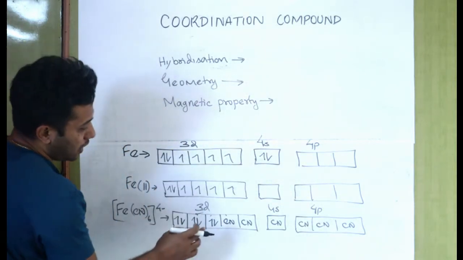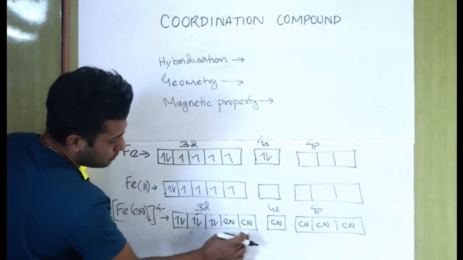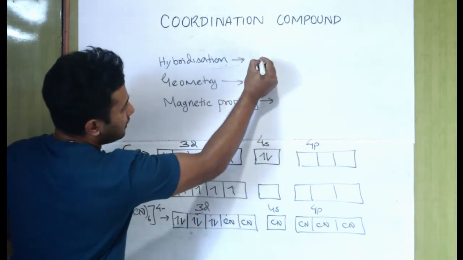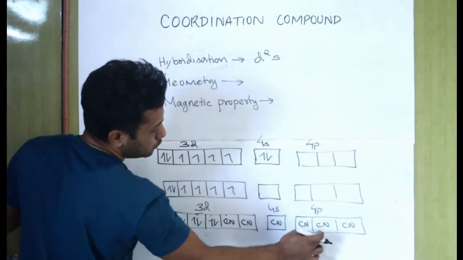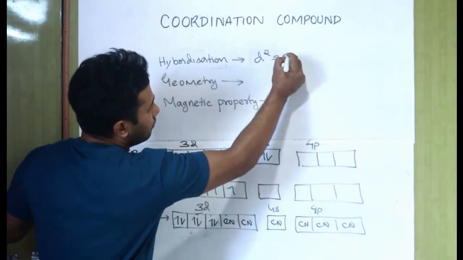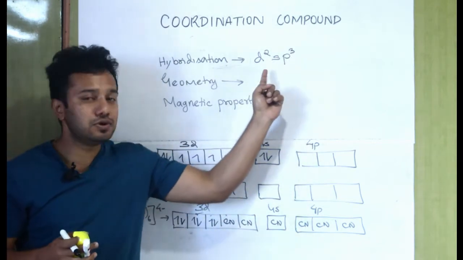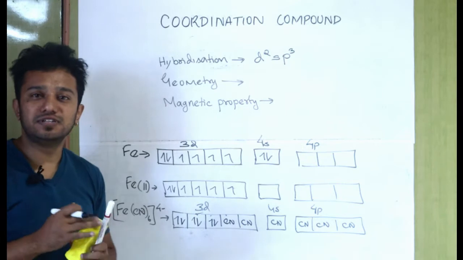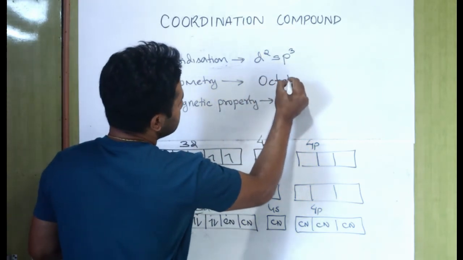So out here, 2 cyanides, they enter the d orbital, right? So I can write d2, 1 s, and 1, 2, 3, it is from p, so p3. The hybridization will be d2sp3. If it is d2sp3, we have octahedral.